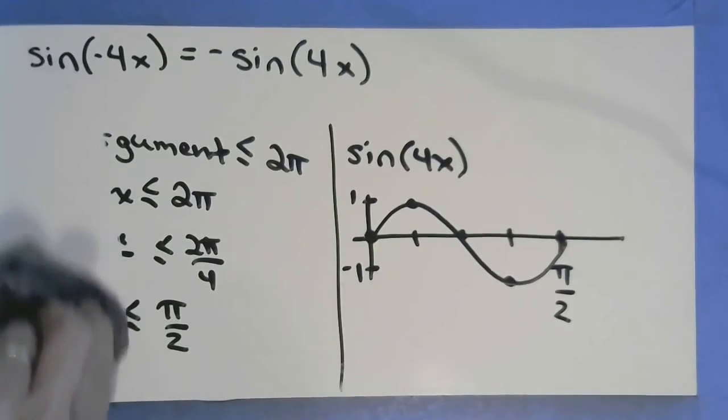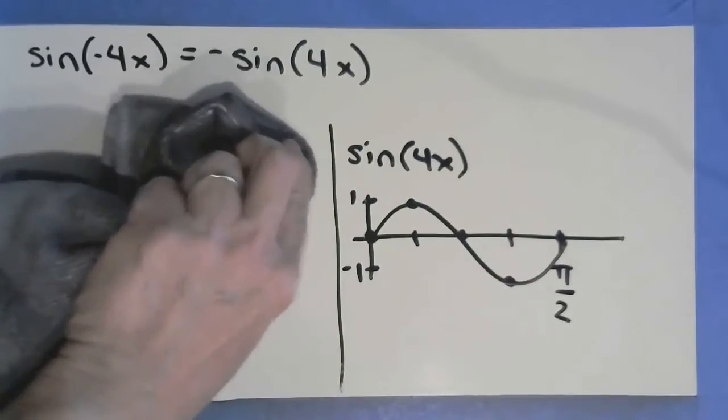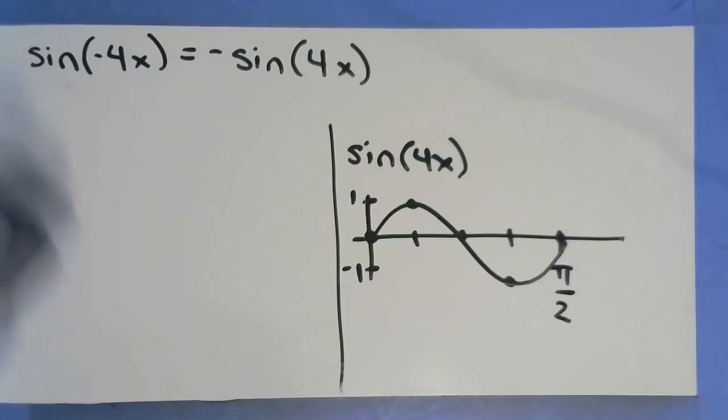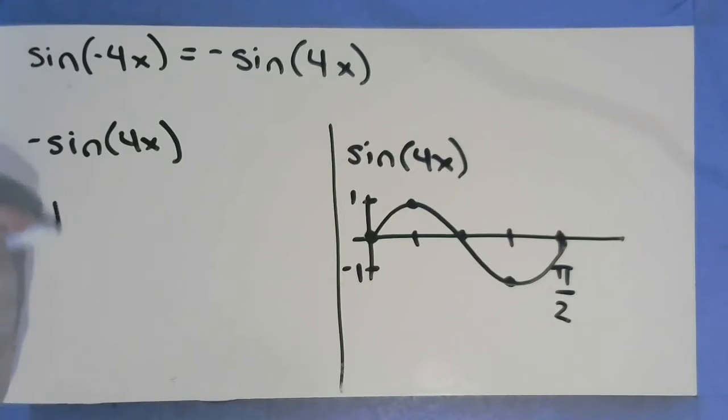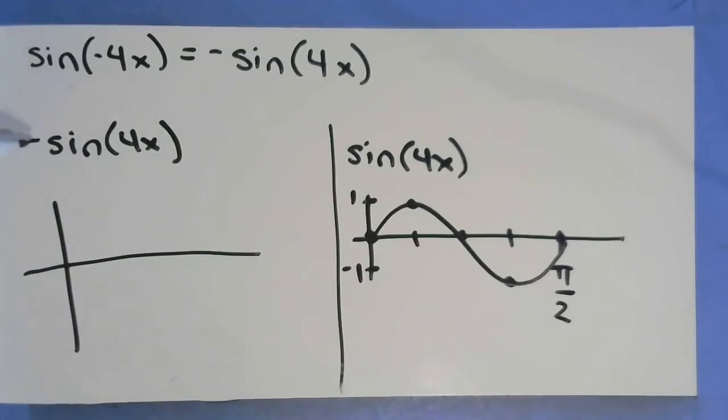Now, what we want to do is compare that to how we would graph minus sine of 4x. And what we need to recognize is when we have the minus sign out front, we've already seen how that works.